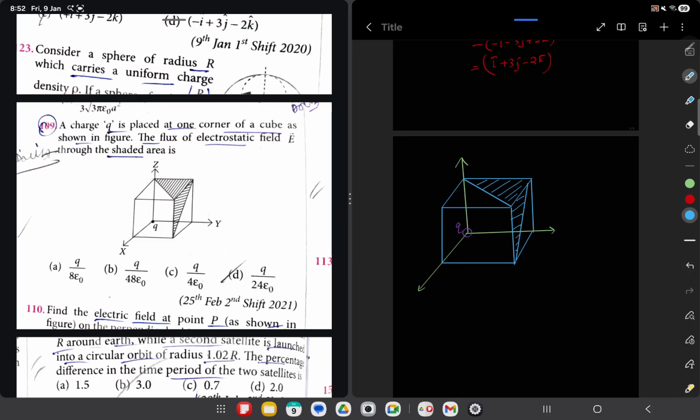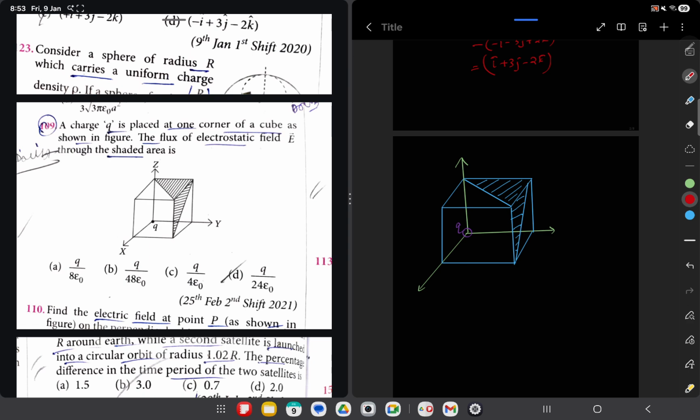So if you need to find out the flux through this shaded area, see, for this charge Q, the flux through the adjacent faces, this face and this face, will be 0.